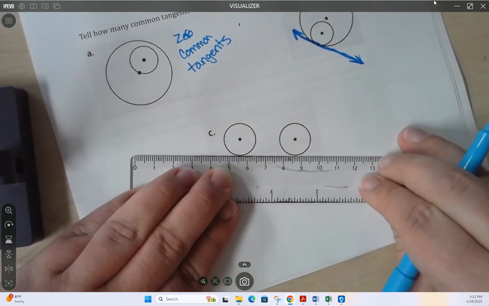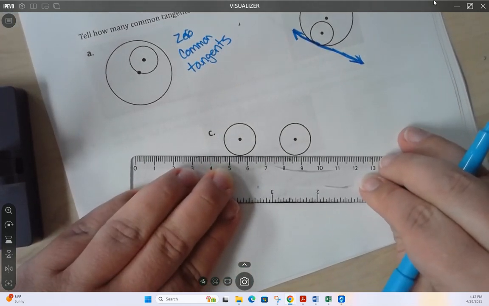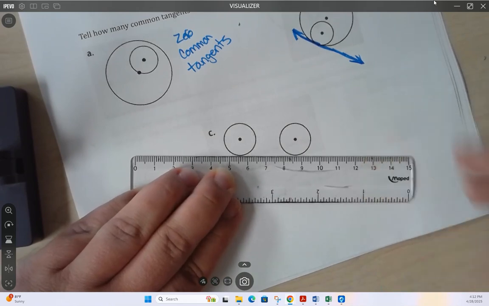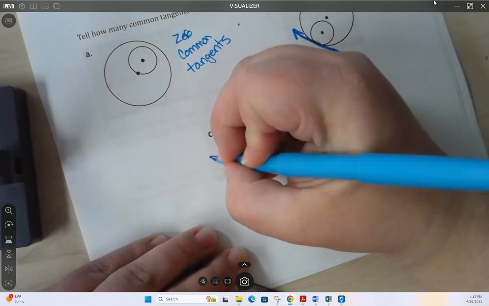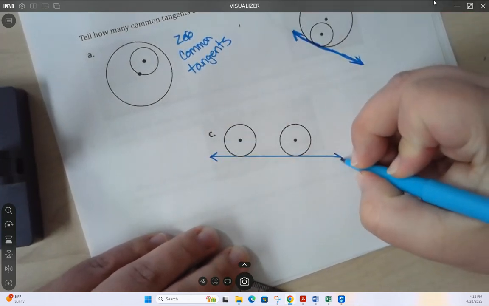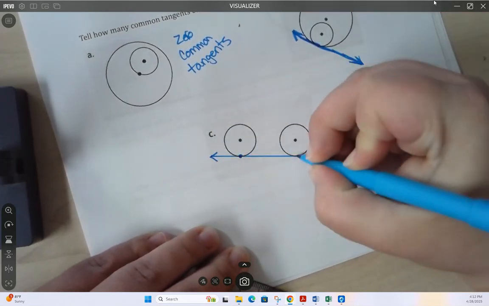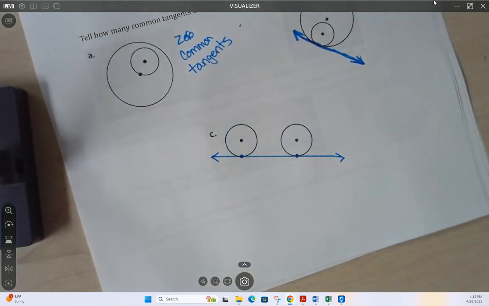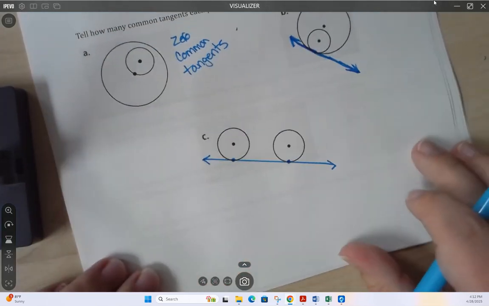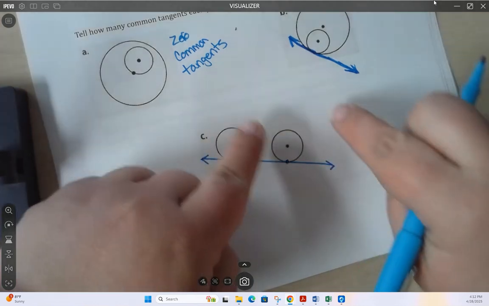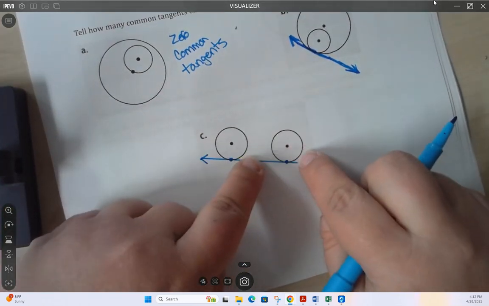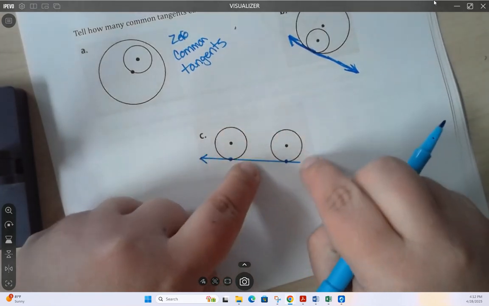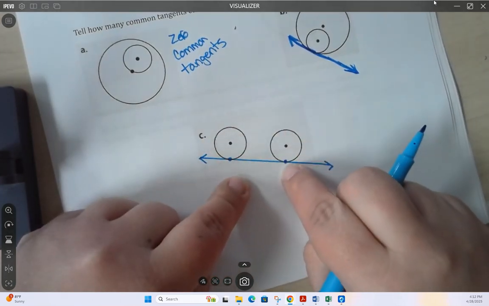To do this is still not perfect, but as close to perfect as I can get without constructing. So there's one common tangent. Now again, as these turn, there's going to continue to be one common tangent every time they hit the road.